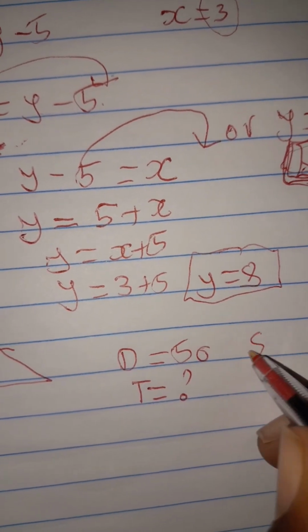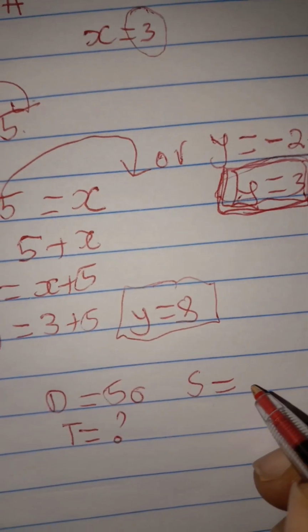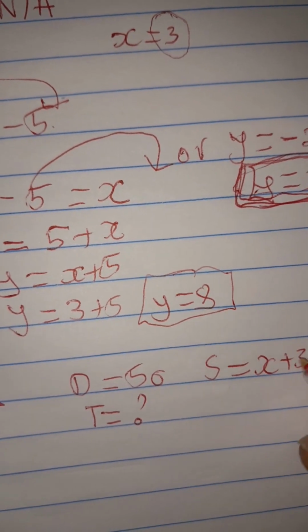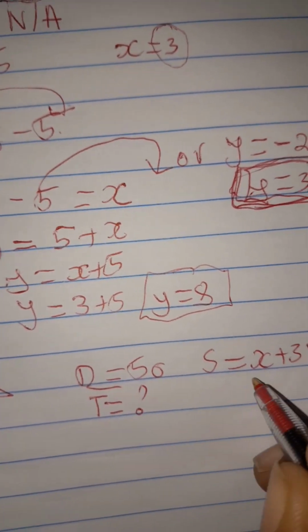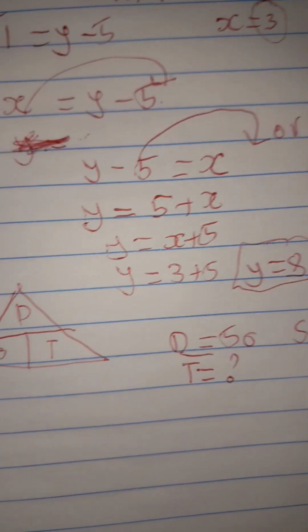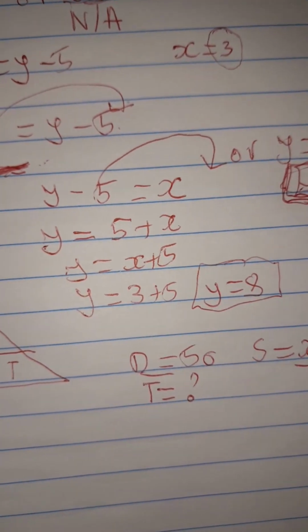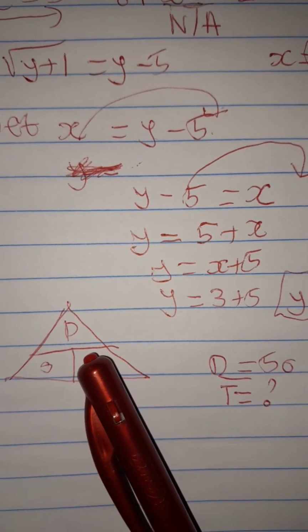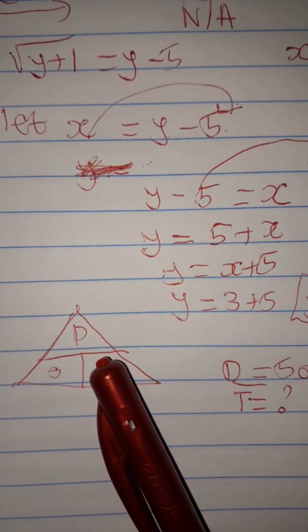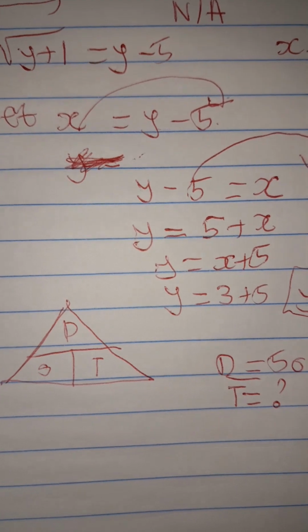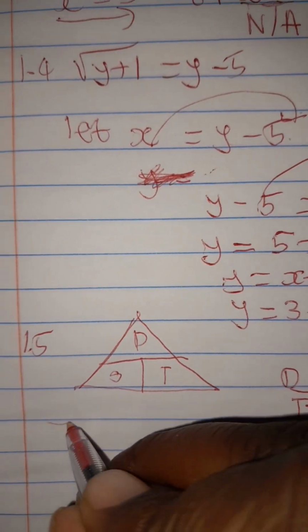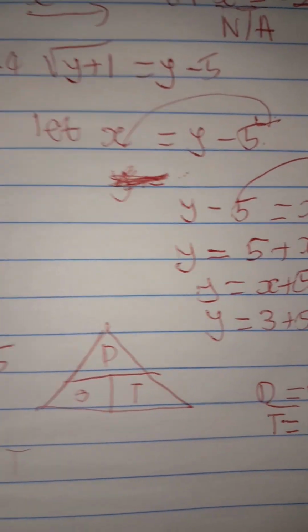But we are given the speed, which is x plus 31. To express the time, we close the T here, and you can see it's d over s. Time equals distance over speed.